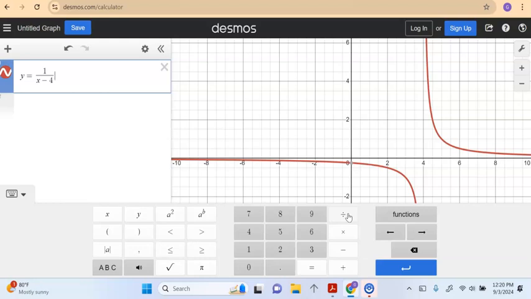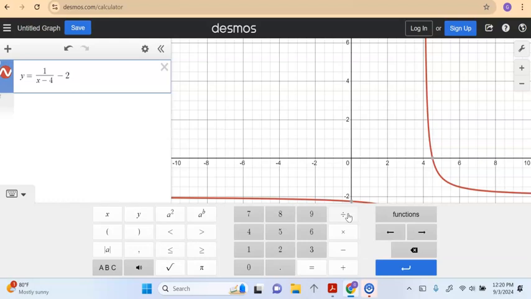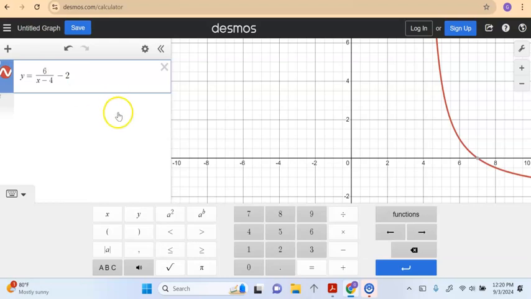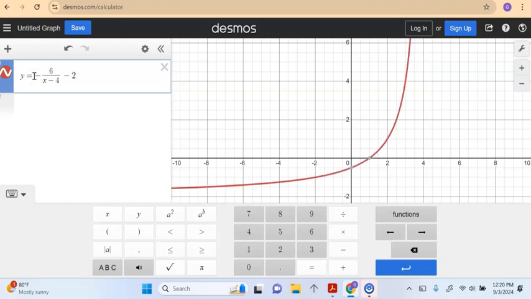And then when I go off to the side and do another addition or subtraction, that creates the vertical shift. The way I accomplish the dilation is I just increase this. I'll make this 6. And the way I perform the reflection is just like before: I put a negative in front and it flips the whole graph over.